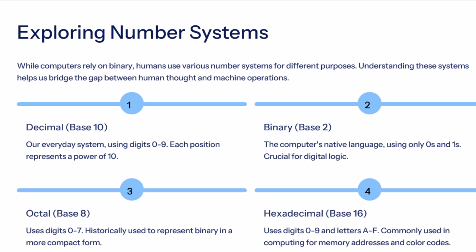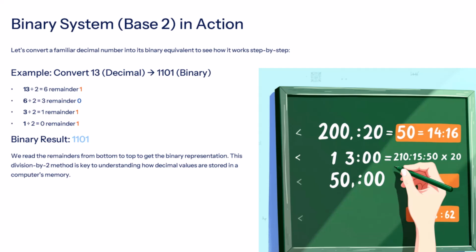Then we have the octal, base 8, and the hexadecimal. You will see that in memory referencing and in networking, where we have IP version 6.